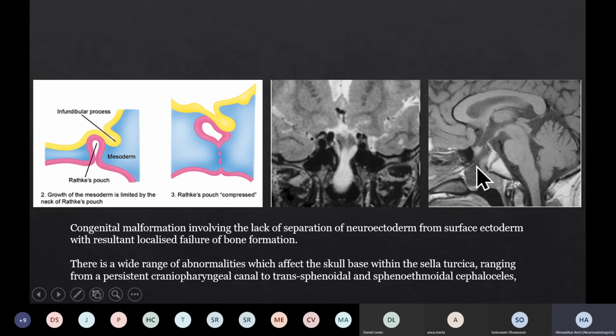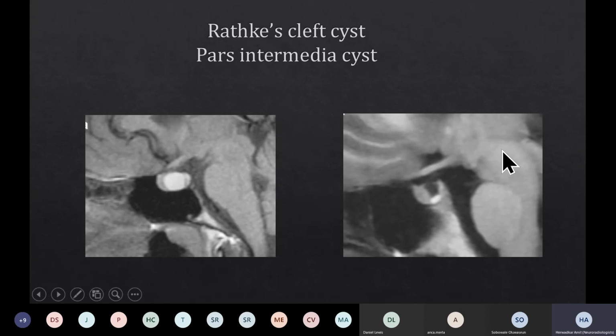And this is a herniation of meninges of the pituitary gland through this encephalocele, through this persistent channel called the craniopharyngeal canal. So just to remember the neuroembryology of this region.